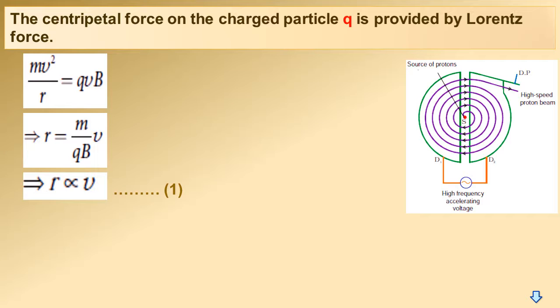This process continues, and hence the particle moves in a spiral path of increasing radius. Once it reaches the edge, it is taken out with the help of the deflector plate and allowed to hit the target T, which is here.